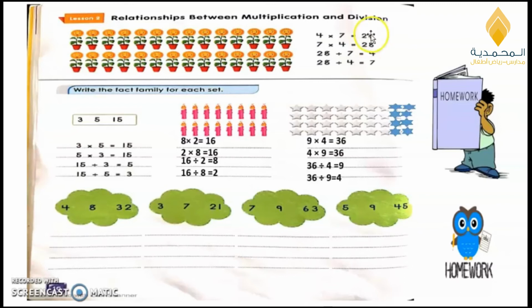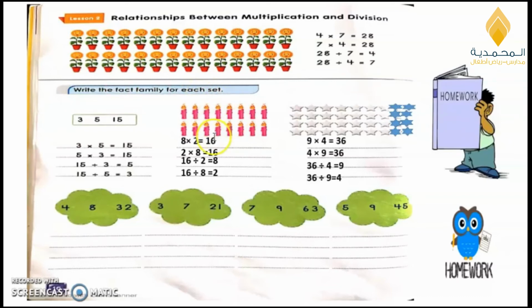So 28, if I divide 28 by 7, it will give me 4. Or 28 divided by 4 will give me 7. This is the relationship between multiplication and division. Let's learn other examples to understand more in depth, okay? For example, write the fact family for each set.